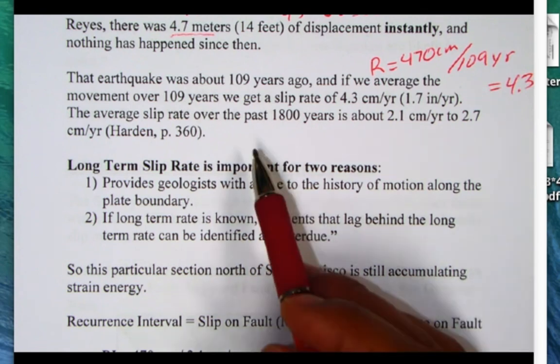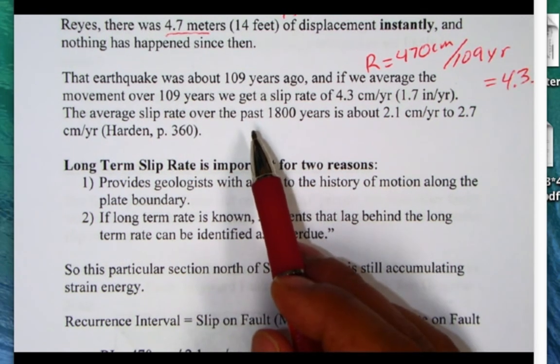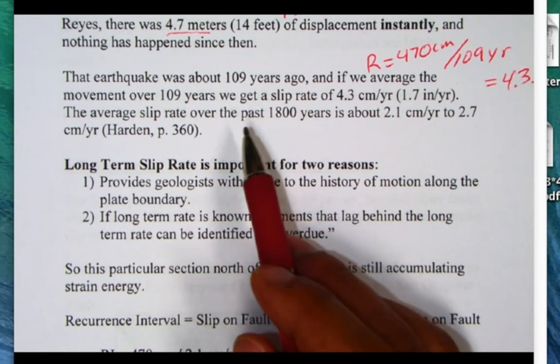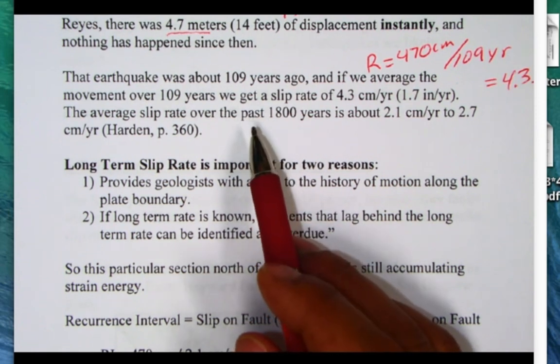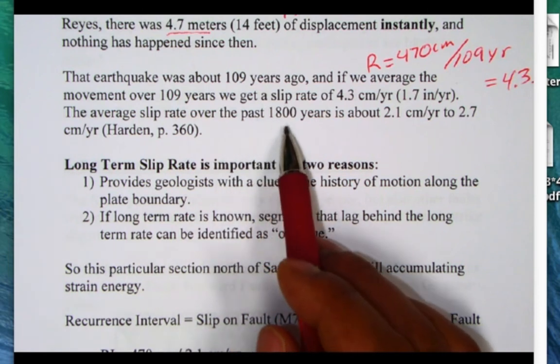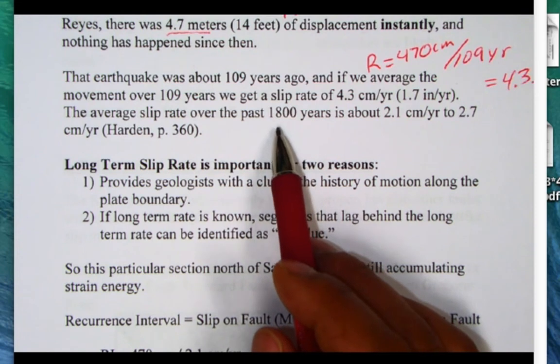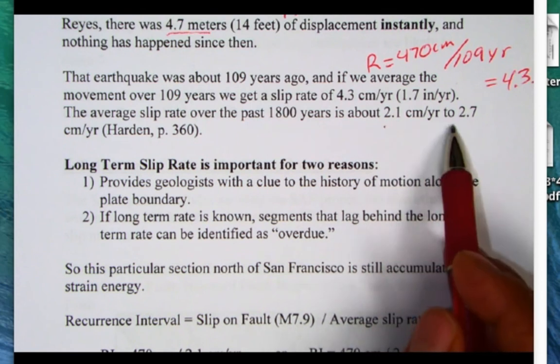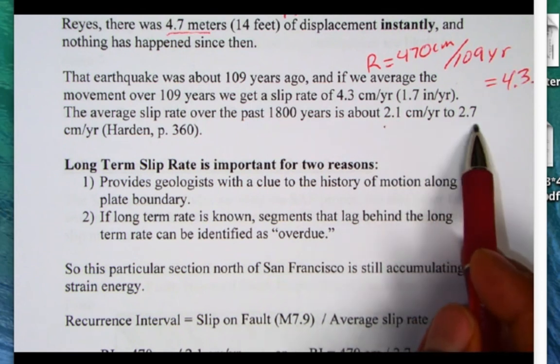Through studies at Skinner Ranch, Skinner Ranch is also up at Point Reyes, and your book talks about how they look at these stream deposits that were offset, and they did some carbon dating on the stream deposits, and they figured out in the past 1,800 years that the San Andreas Fault, at least in this area of Northern California, has a rate between 2.1 and 2.7 centimeters per year.